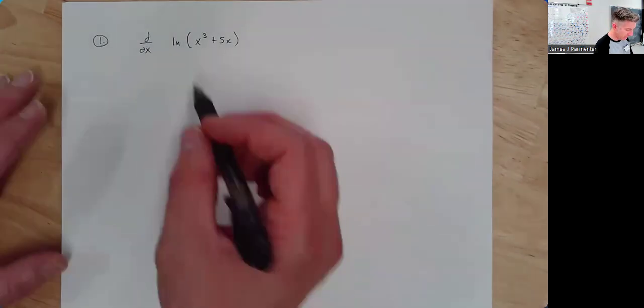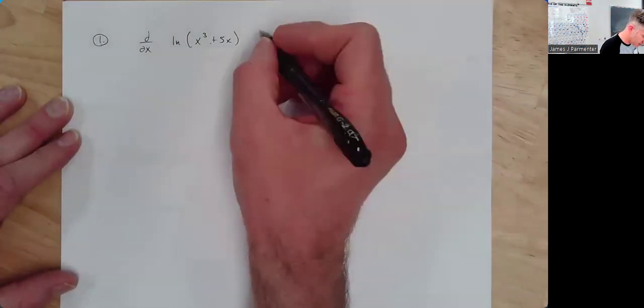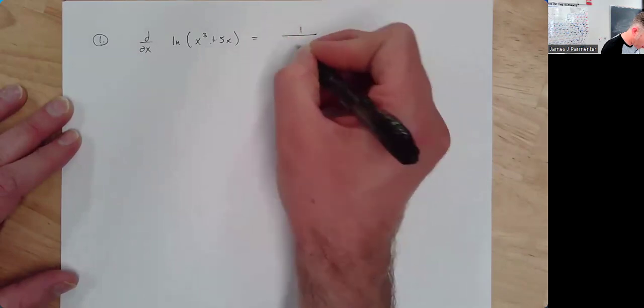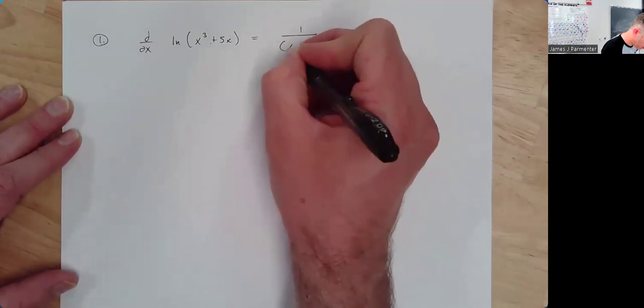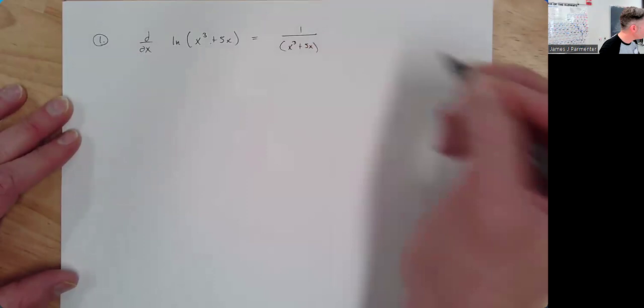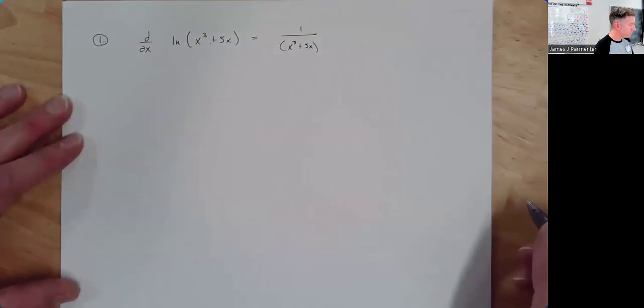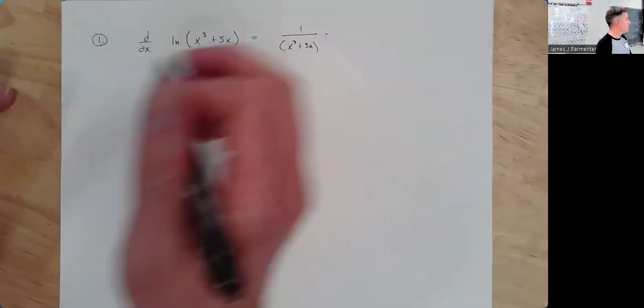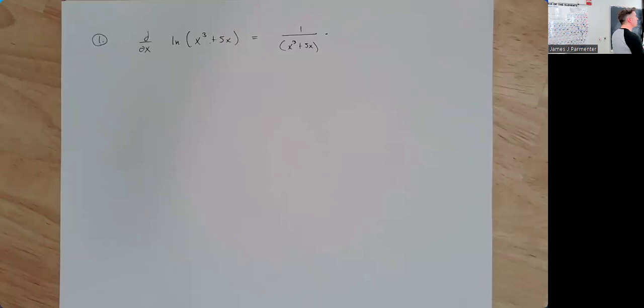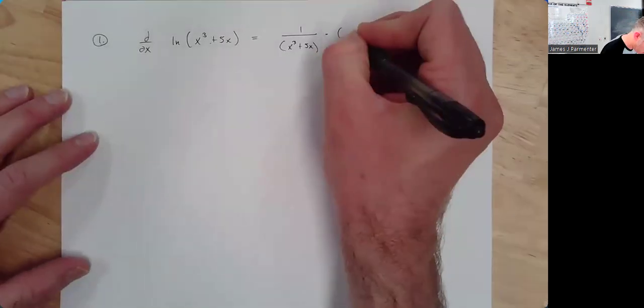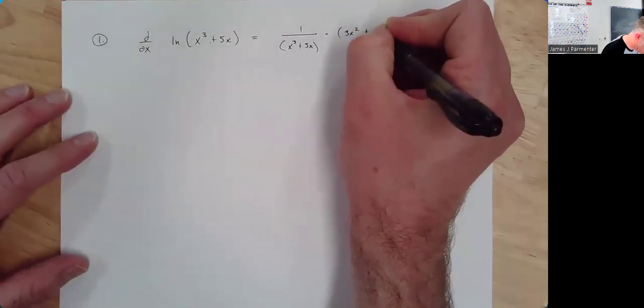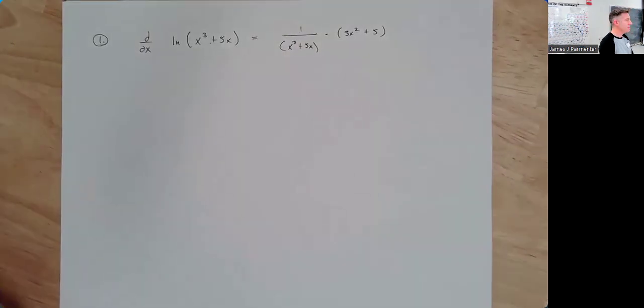So the derivative of the natural log of some stuff is 1 over the stuff. But then, what do we have to multiply by? You're going to see the derivative of the stuff like 1,000 times. It's always the derivative of the stuff. So we're going to multiply by 3x squared plus 5. Yes, you could write this as 3x squared plus 5 over x cubed plus 5x. No, we don't really care.